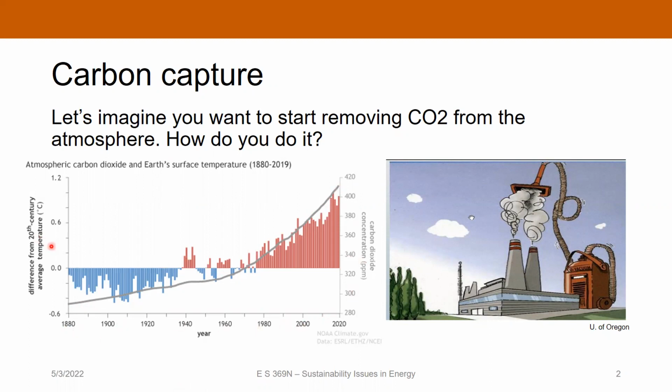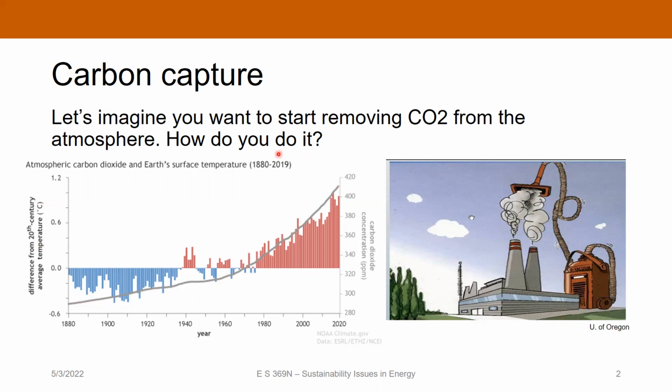And then on the other y-axis, this is a bar graph each year of the difference from the 20th century average temperature. This is an anomaly in degrees Celsius. And again, you can see that the magnitude of that difference really tracks with the atmospheric carbon dioxide concentration. And I hope we all understand why that is at this point.